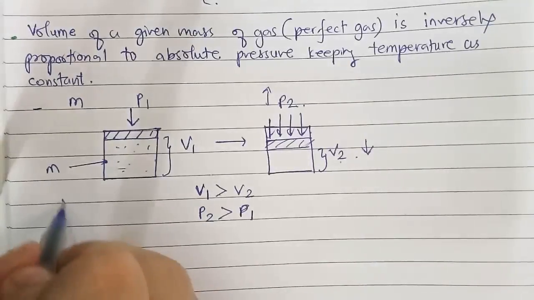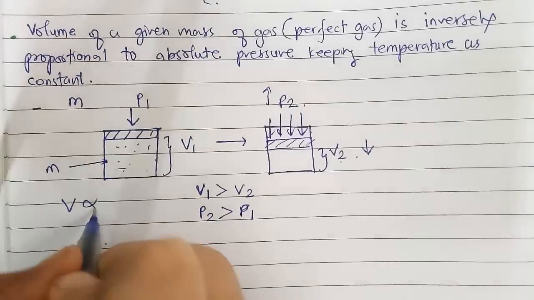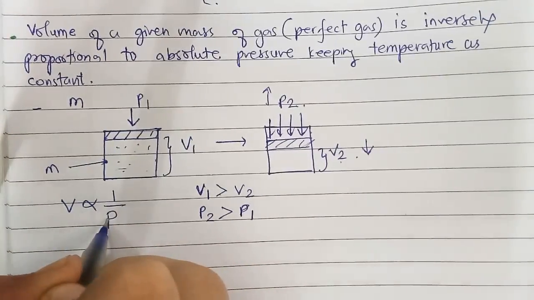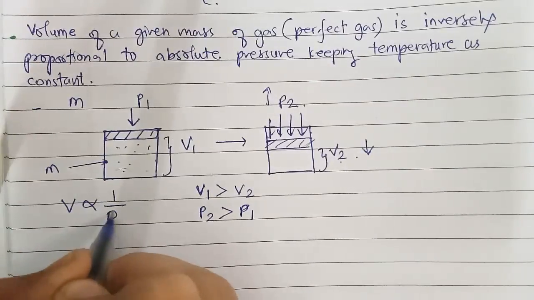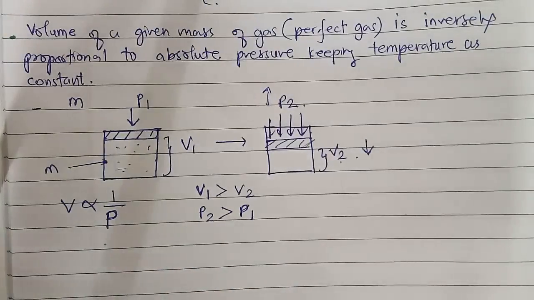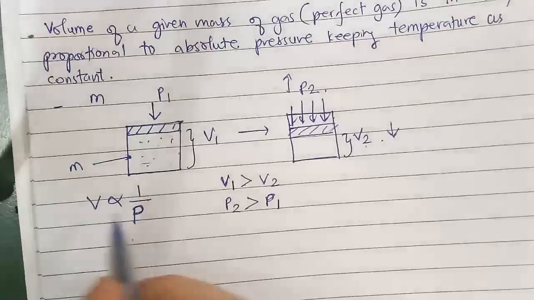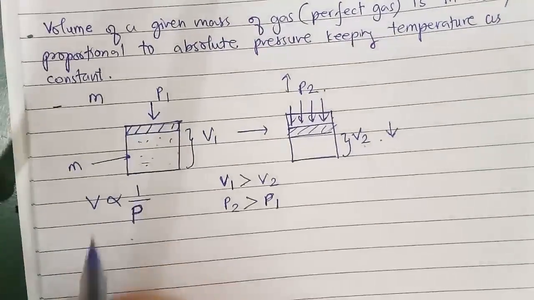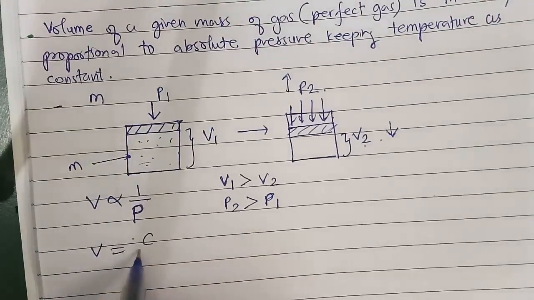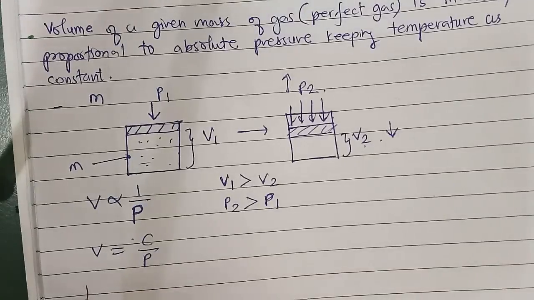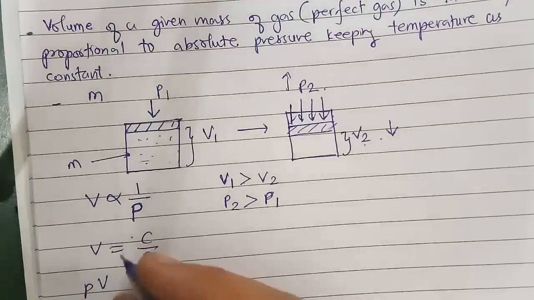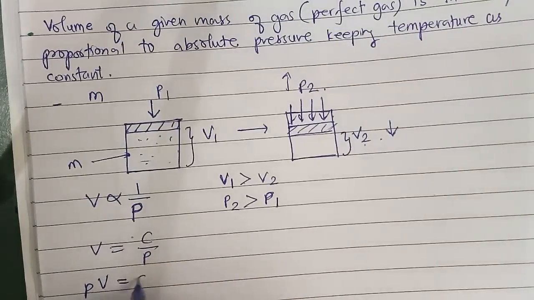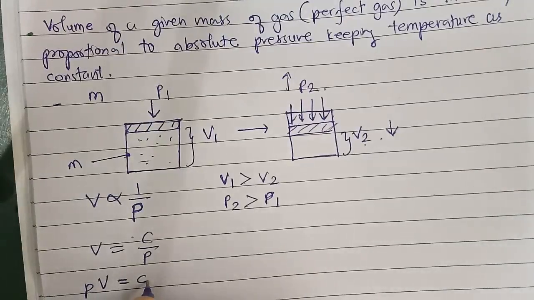It explains that volume is inversely proportional to pressure, but the pressure has to be an absolute pressure. And if we remove this proportional sign, it is going to be V equals C by P. P times V equals C, that is constant. The product of pressure and volume is constant.